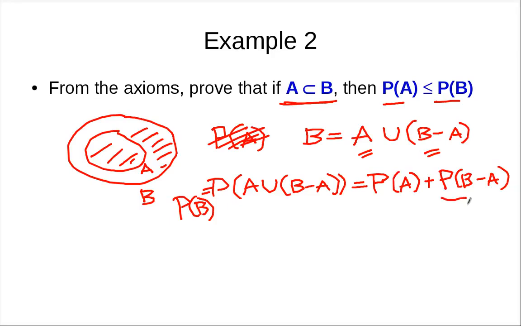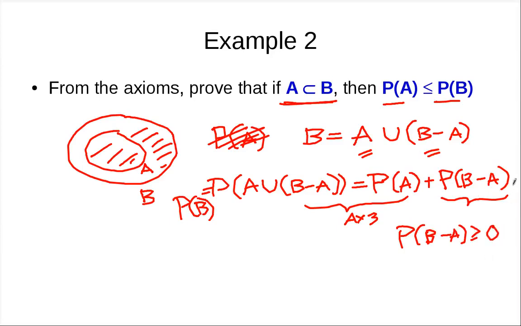This step is from the third axiom, but we know from the first axiom that the probability of any event is at least 0.